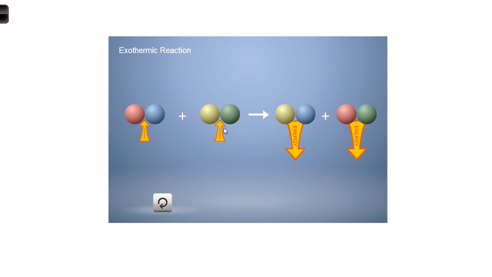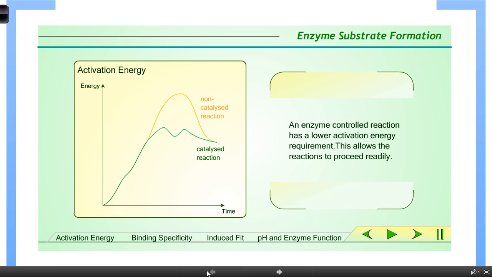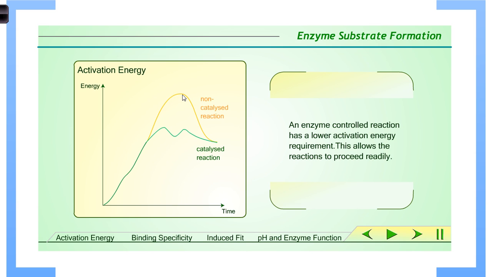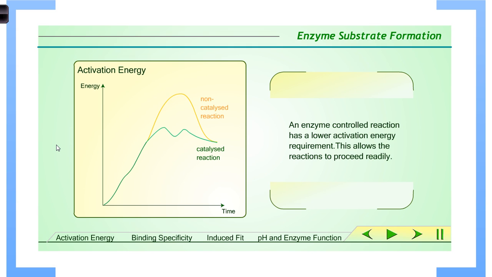That's what we're showing on this graph here: some initial energy often needs to be put in, and then once some bonds are broken, new bonds can form and energy is released. A lot of the time the energy released can exceed the energy put in. However, some energy does still need to be put in to get the reaction to occur.